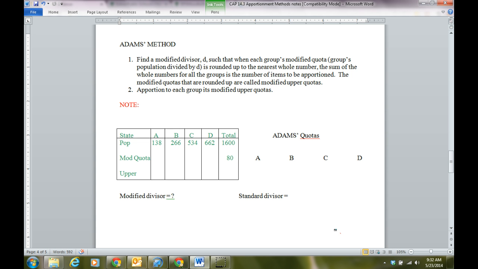Okay, so what you need to write down here for the note is you're going to begin with a modified divisor that's slightly greater than the standard divisor.